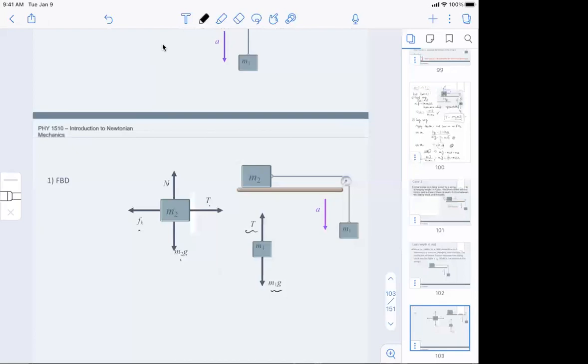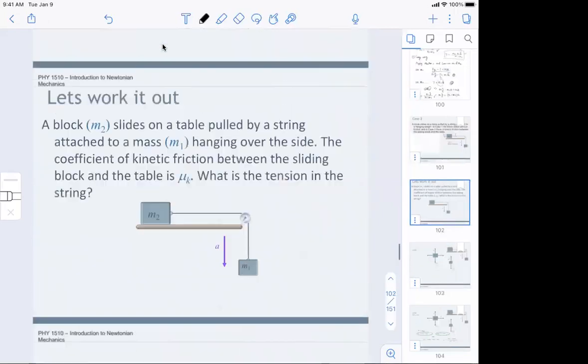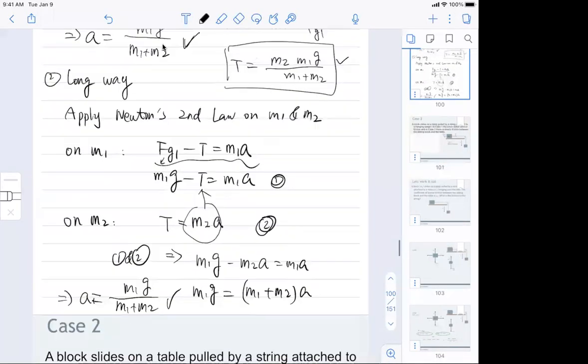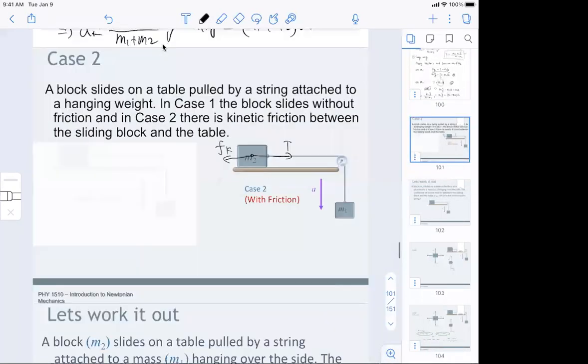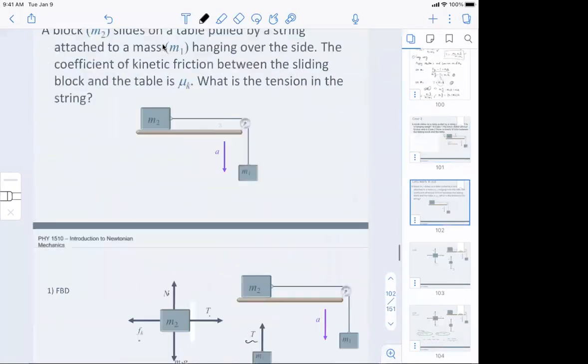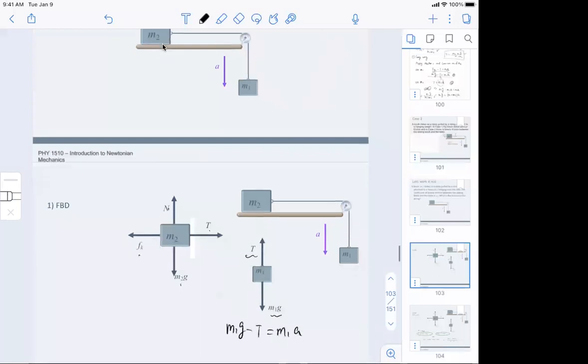It comes down to the application. So let's go back to look at the tension here. Because the free body diagram did not change for M1, with friction, M1G minus tension is still going to be M1A.